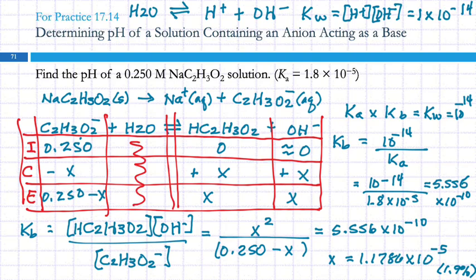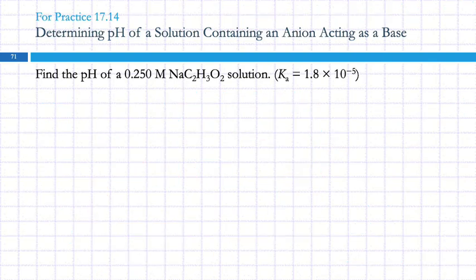Can we take the negative log of this and get the pH directly? No, we can't. This happens a lot. It's kind of annoying. That's our hydroxide ion concentration.